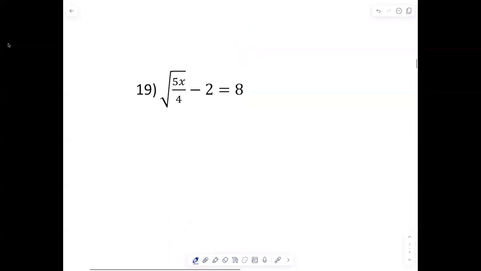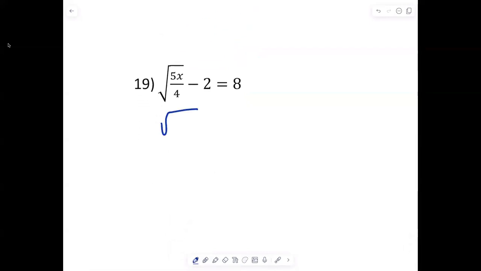All right, so here, 19, square root of 5x over 4, minus 2, is equal to what? 10. Right, adding 2 to both sides. Now what? Square both sides. So I end up with 5x over 4 equals 100.